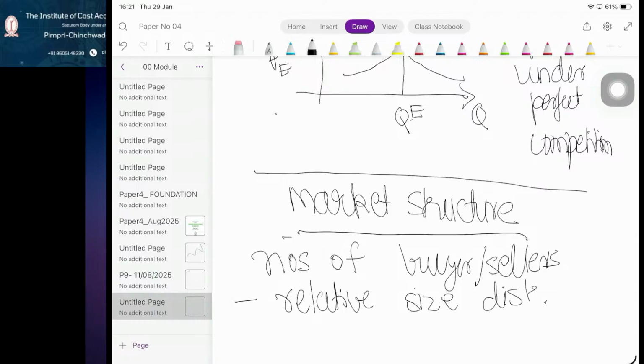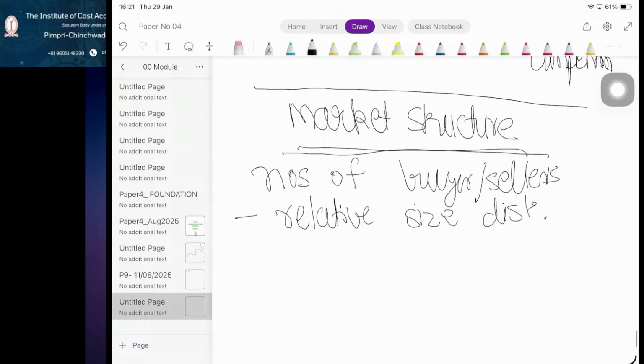These factors determine what is called the market structure.